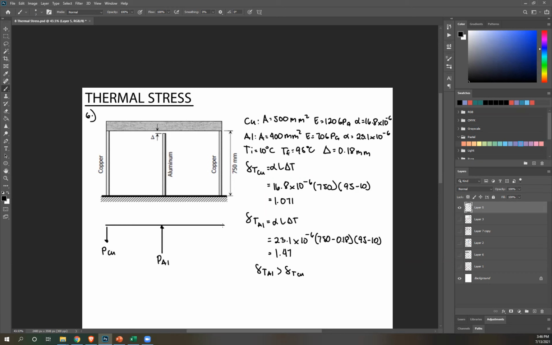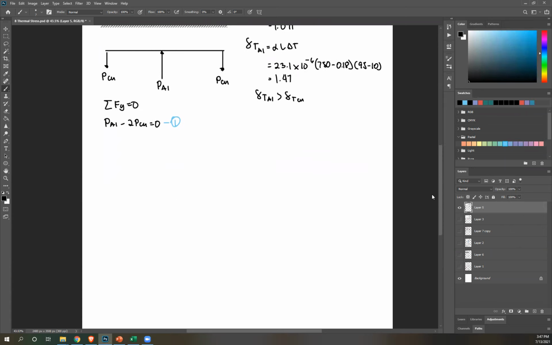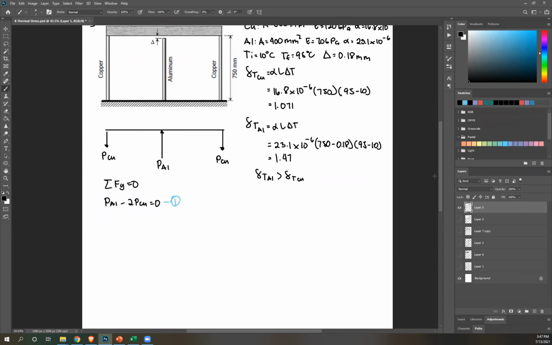This is your PCU. And then from this, you can create an equation, right? PAL minus twice PCU equals 0. And then we can call this your equation number 1. Next, equation number 2, we're gonna let everything deform. Okay, so let's have this slab.